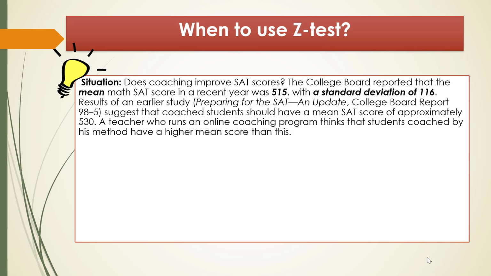So this is a situation where a teacher makes a statement about the population mean. He said he believes the students coached by his methods have a higher mean score. The mean score is the population mean. So the purpose of hypothesis testing is just to verify a statement about a parameter of a population.